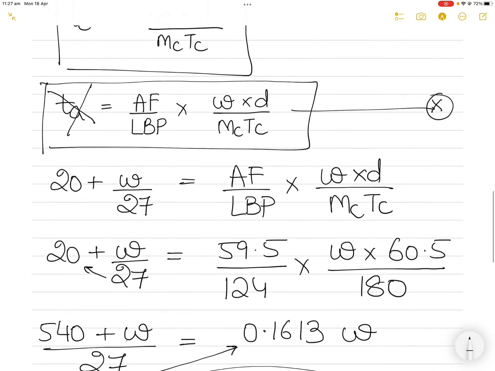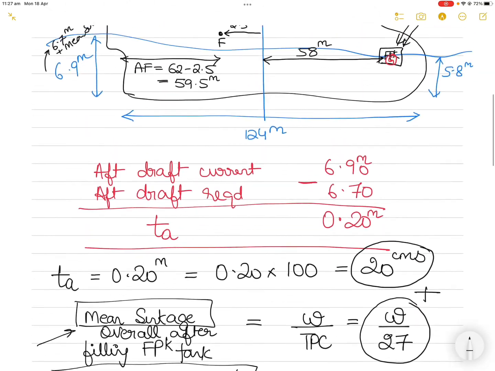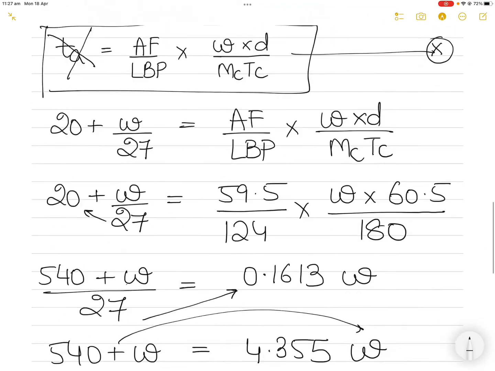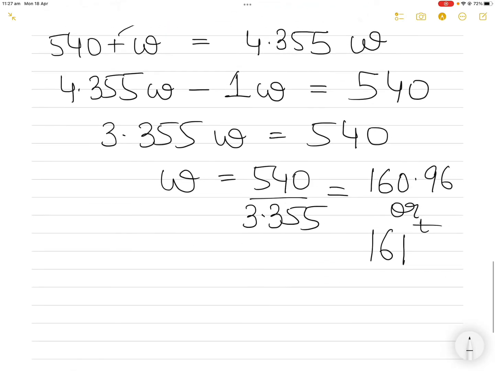So 161 tons of water is to be filled in to make sure that the aft draft remains at 6.7 meters. But the question is also asking what is going to be the draft forward. So now we know the draft aft will be 6.7 meters if I load 161 tons of water into the forepeak tank, which is located at a distance of 60.5 meters.